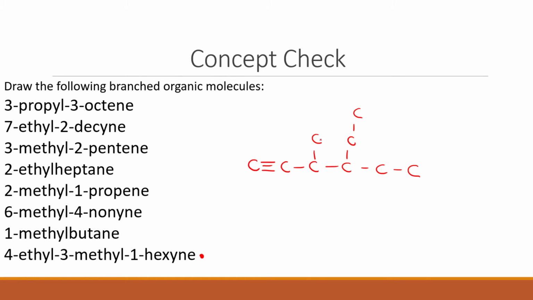It doesn't matter if you put one up and one down, or both up or both down, as long as each carbon has 4 lines touching it. This would be 4-ethyl-3-methyl-1-hexyne.